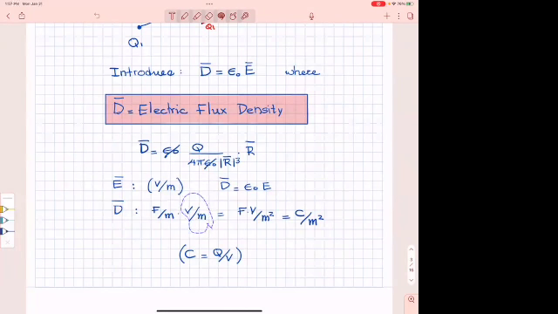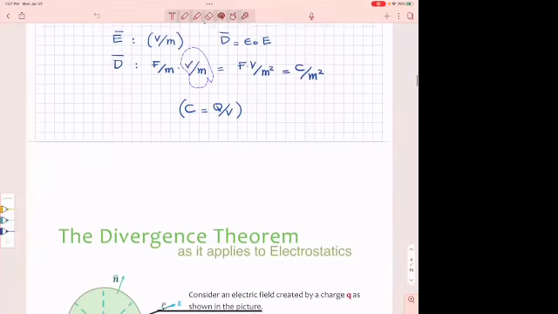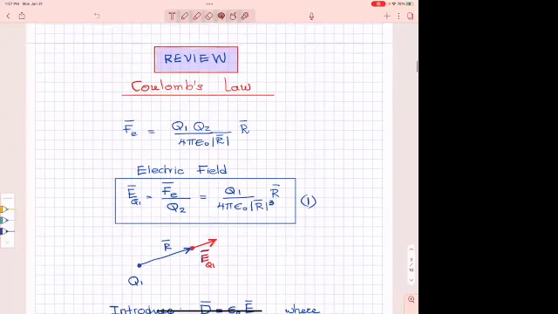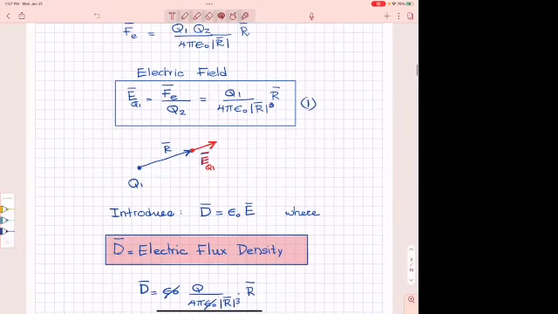Therefore, D is measured in coulombs per meter squared. It therefore has the units of a charge per area. That's why we call it density. All right. Now, therefore, we have so far introduced Coulomb's law, the electric field from Coulomb's law, and then the electric flux density.